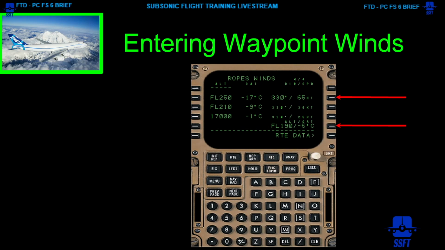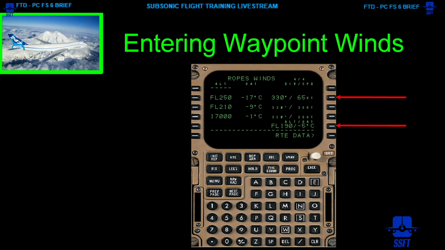So it has no way of knowing if it's not standard, but it's a little better information than having nothing. So if you know that there's a particular altitude that you're at and you look at the temperature, you could put that outside air temperature in there, and then it would figure out the temperatures for these altitudes based on 2 degrees centigrade per 1,000 feet.